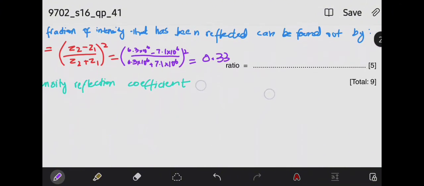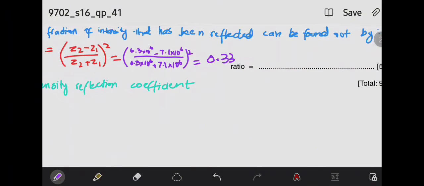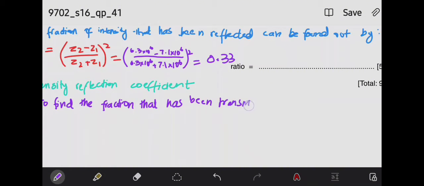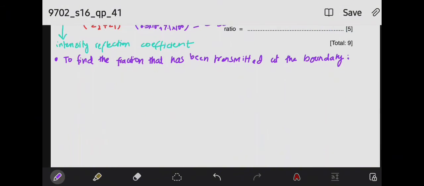So to find out the transmitted intensity, you need to subtract the reflected fraction from 1.